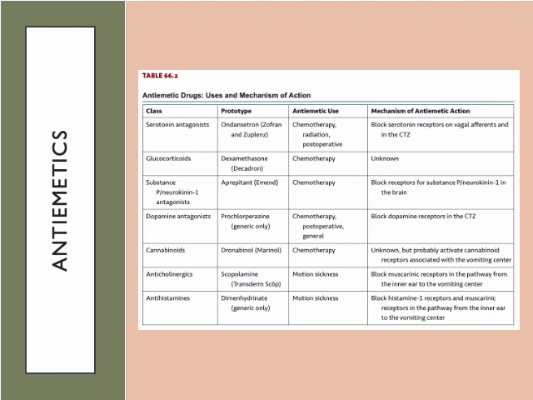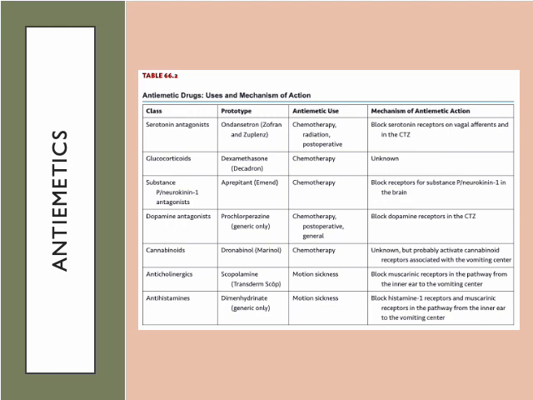The dopamine antagonists, they're going to block dopamine receptors in the chemoreceptor trigger zone as well. It's a great drug to use for chemotherapy, post-op, or just in general. The cannabinoids we use only for chemotherapy.